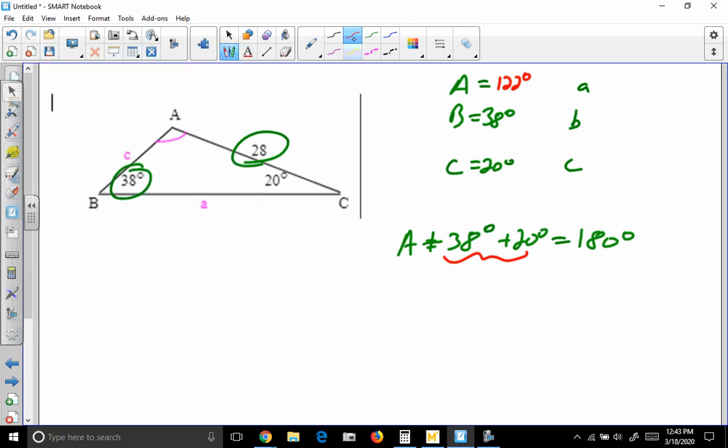The side that we know is side b. Side b is 28. So notice we have an angle-side pair.